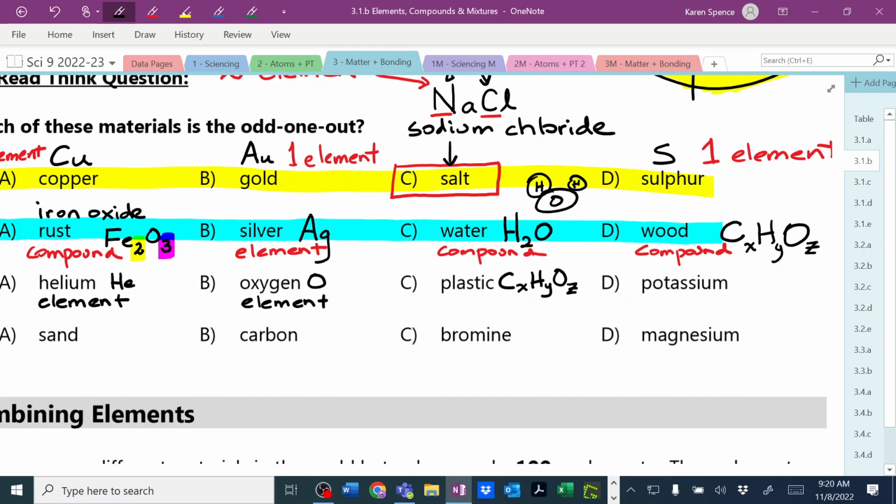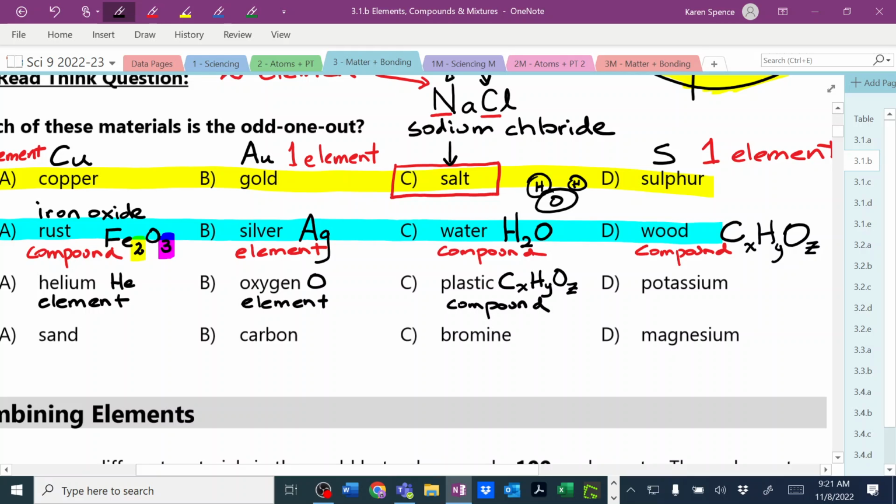Anyone want to give it a go? Why is plastic not an element? Kyan. It has multiple things in it. There's more than one element. If there's more than one element, it is not an element. It is a compound. Yes, very good. Compound.